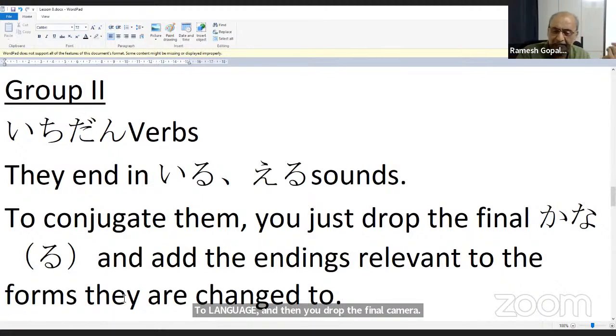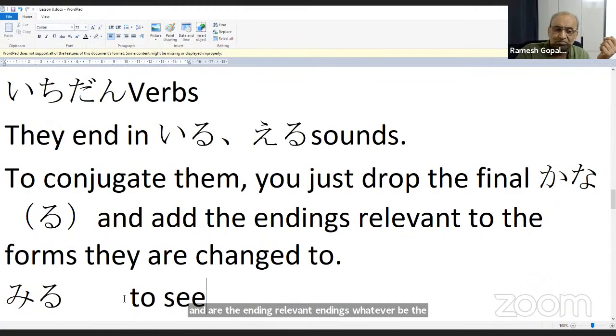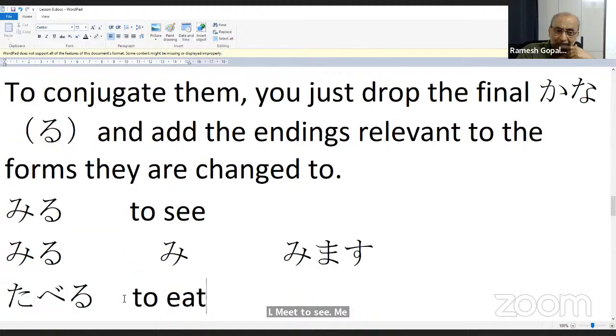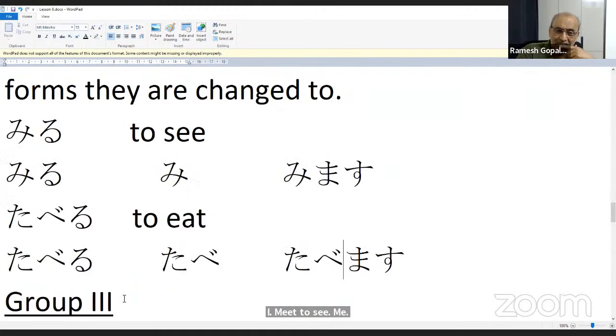Whatever be the ending. Here, mas is the ending because it's the mas form. Add mas. Miru, to see, mimas. Taberu, tabemas.